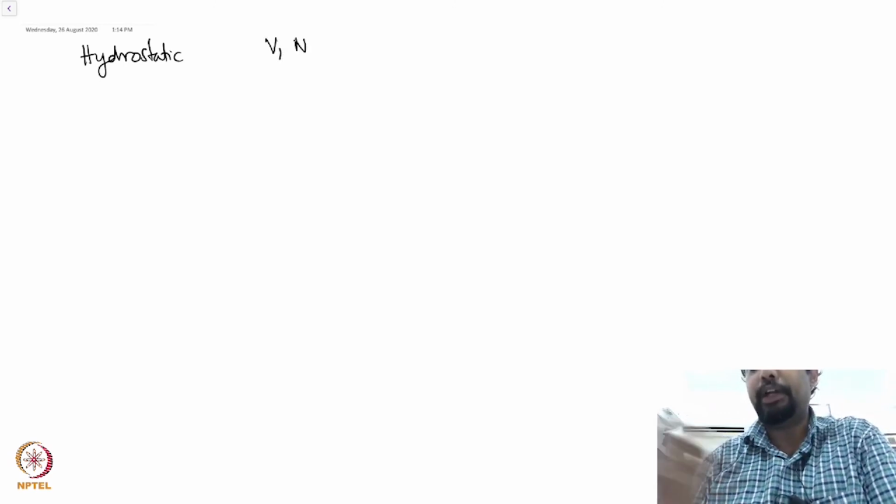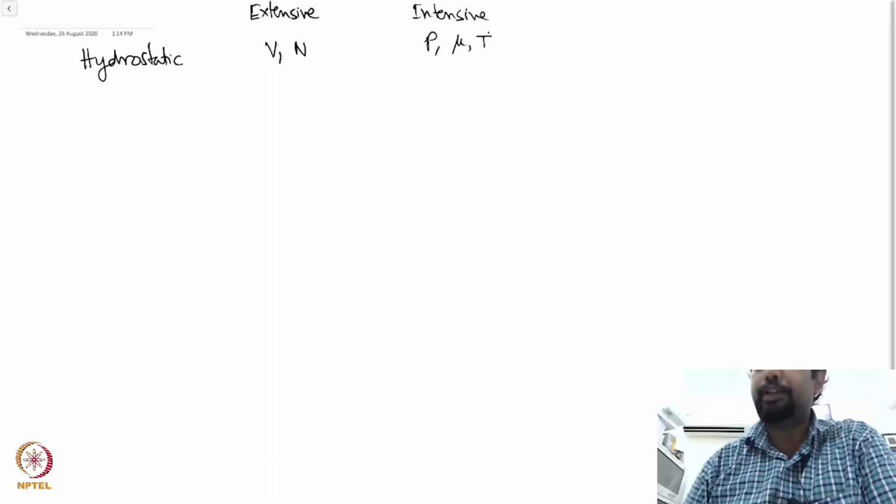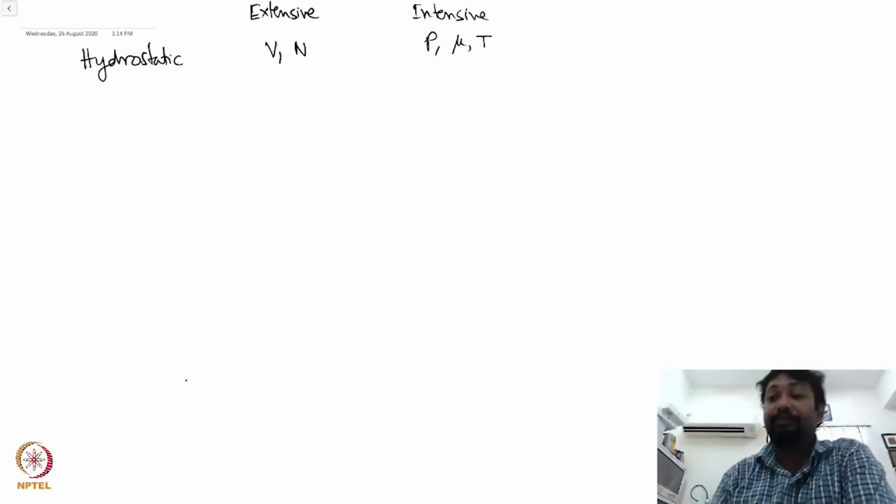For a hydrostatic system, my thermodynamic coordinates, which are extensive, are volume and particle number. So we will write extensive on top and intensive on top. Pressure, chemical potential, and temperature are the intensive variables.